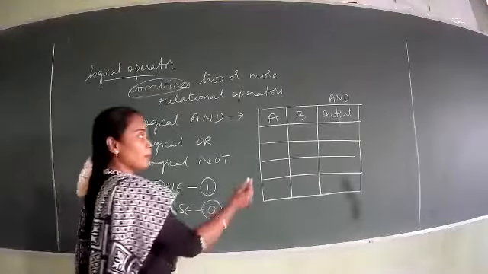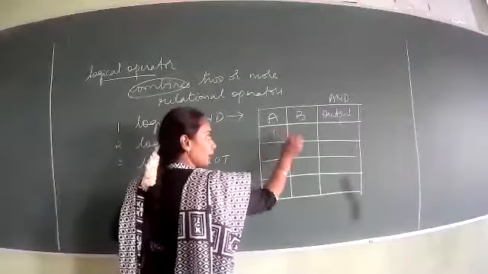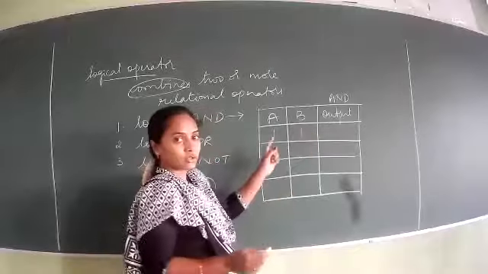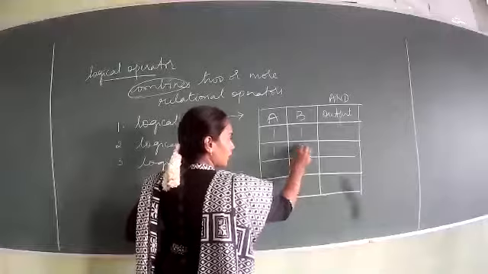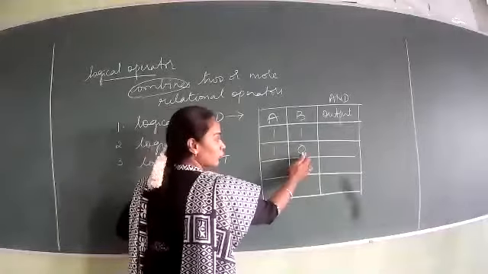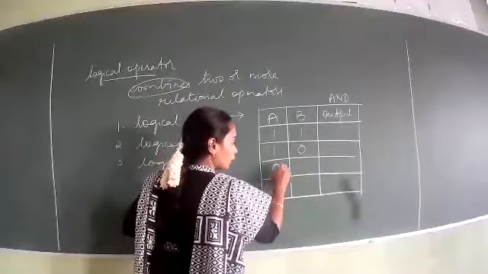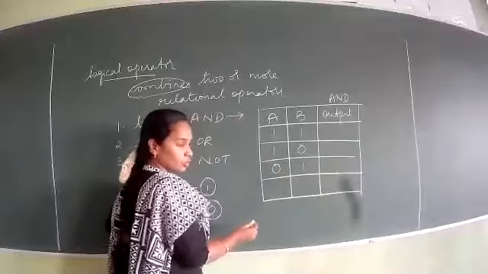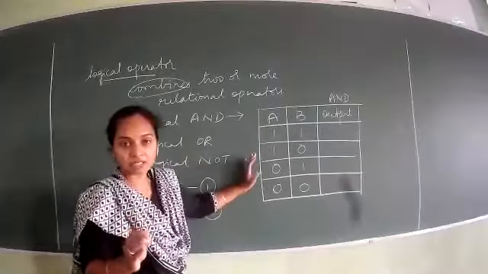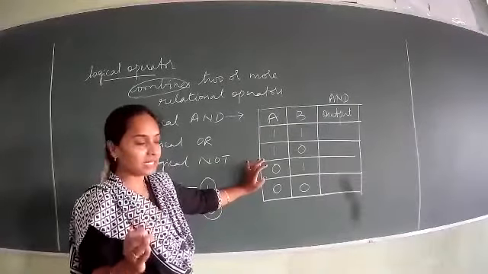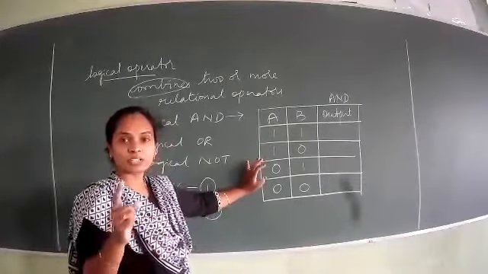So now I am taking the input for A as 1 and B as 1. That is true and true. And then I am taking one value as true and another value as false, and one value as false and one value as true, and the other as false. If you remember data representation, they have taken inputs as 1 and 0.